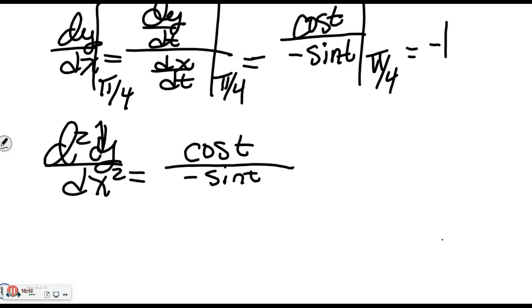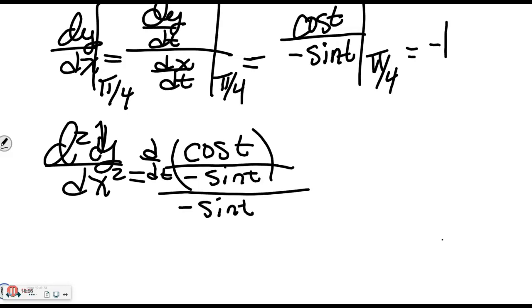Take its derivative with respect to t, and then divide it by dx/dt, which is what? Negative sine t. So here's my question for you. How do you want to find the derivative of this stuff right here? You have 2 options. I don't care. But how do you want to take the derivative of cosine t over negative sine t?